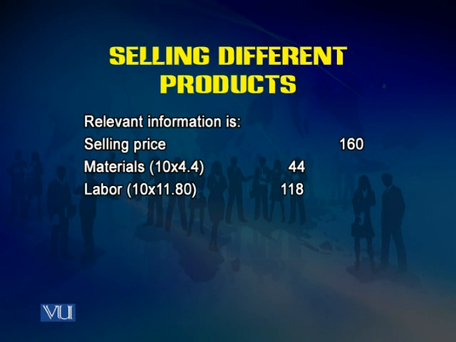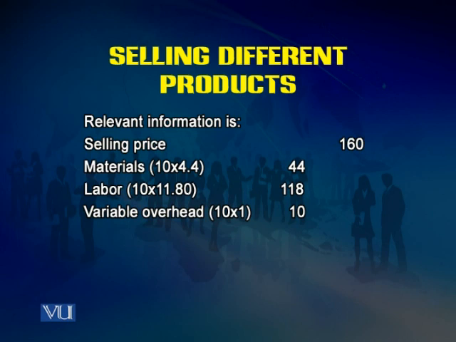Labor, we said, has an opportunity cost plus its own acquisition cost amounting to 11.8. So the relevant cost of labor is 11.8. 10 units of labor will be used. The labor cost per unit is going to be 118. Variable cost, only acquisition cost, no opportunity cost.